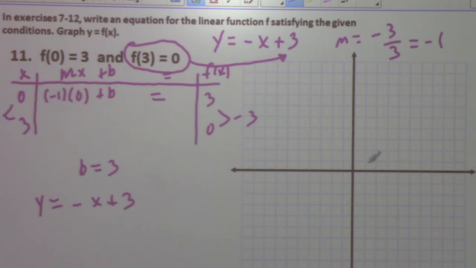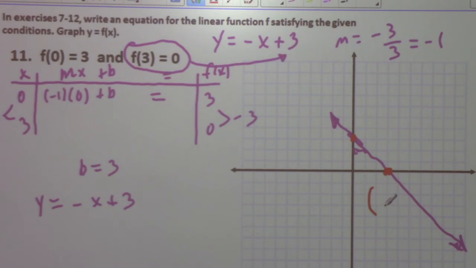And then we can graph the thing right here by going up to our y-intercept, then rise over run, down 1 over 1. So it looks something like this. And then, of course, you have your intercepts marked right here.